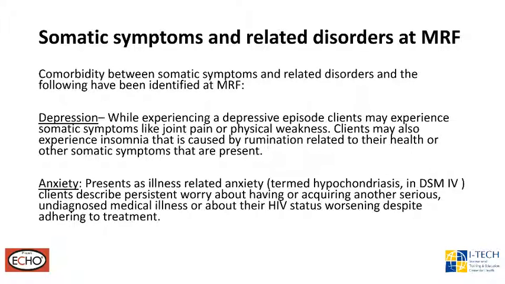They may also be experiencing insomnia, and this is caused by rumination about their health. So, rumination is that overplaying of thoughts constantly in your mind, right? So it's like a vicious cycle. Someone is depressed and they develop somatic symptoms, and these somatic symptoms exacerbate the depressive symptoms that were there before, and more somatic symptoms may develop, and so it continues.